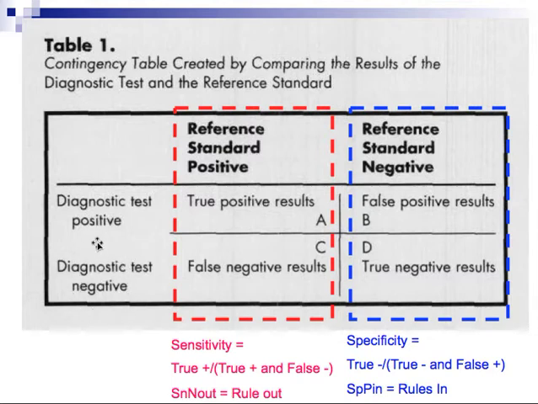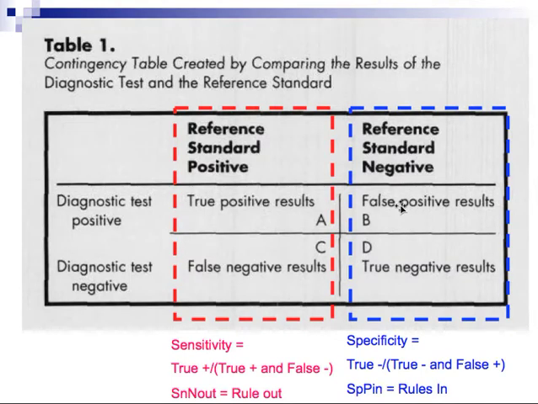When the diagnostic test was negative, in this second row and second column, those are where the true negatives lie. And the mistakes, where the diagnostic test said it was positive but in fact it was negative, are represented in this first row of the second column here.